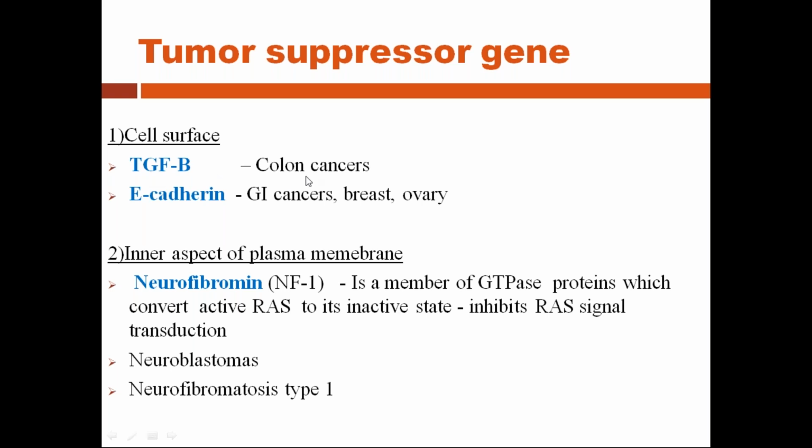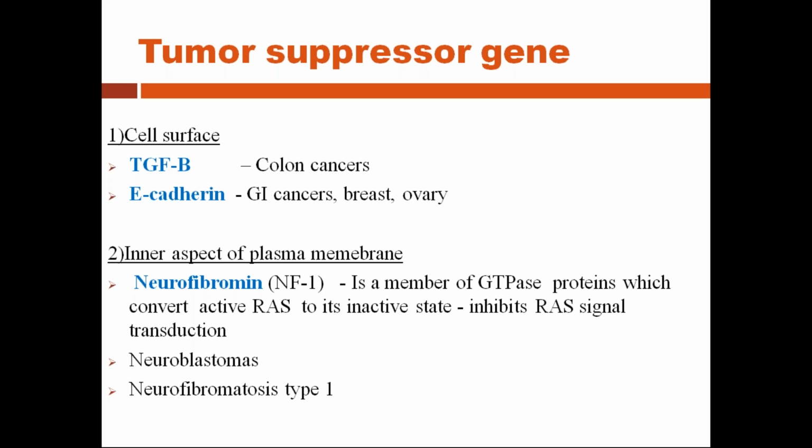So it is inactivated in case of colon cancer. I told you for proto-oncogene, whether both the alleles have to be mutated or only one allele has to be mutated? One allele. For tumor suppressor gene, both the alleles.